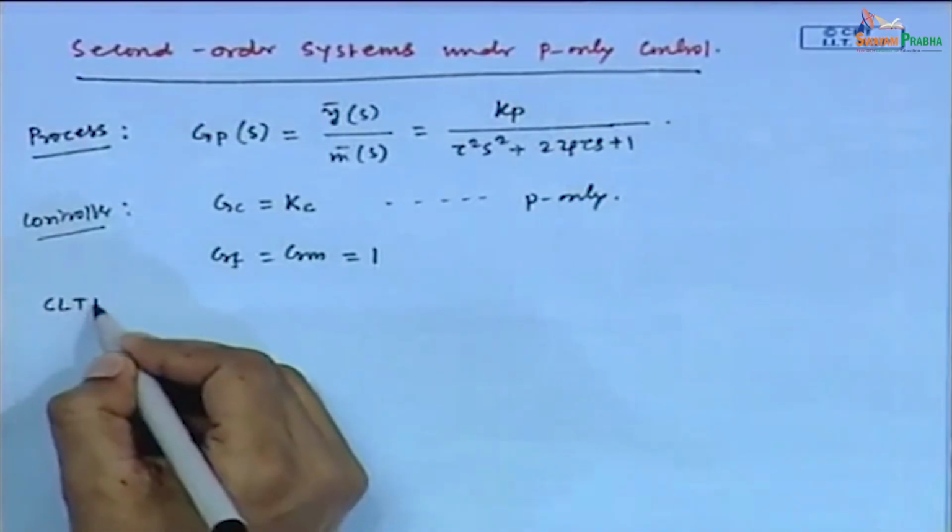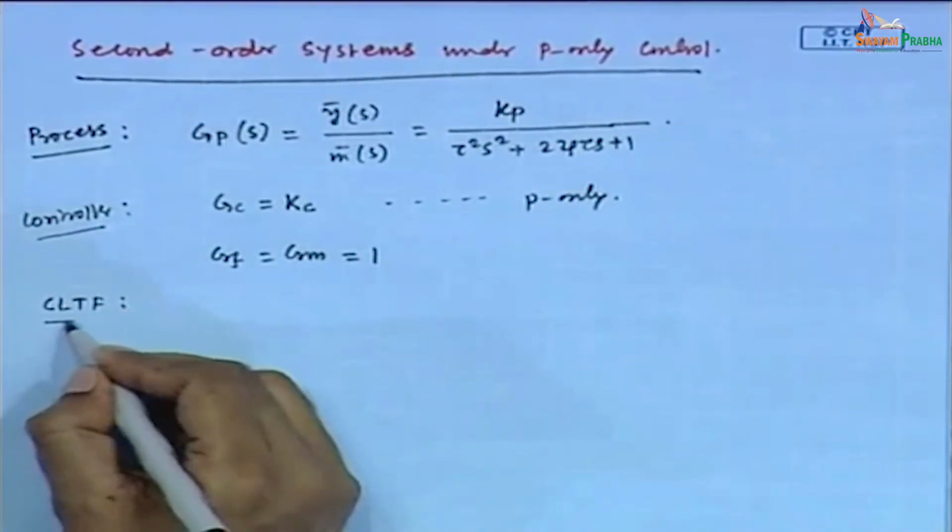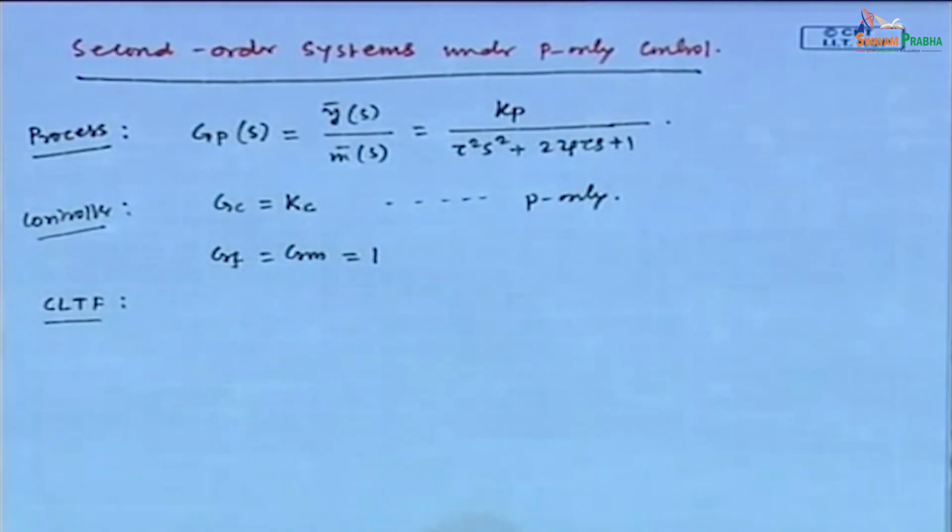Now, we will write the closed loop transfer function for the second order system under P only control.